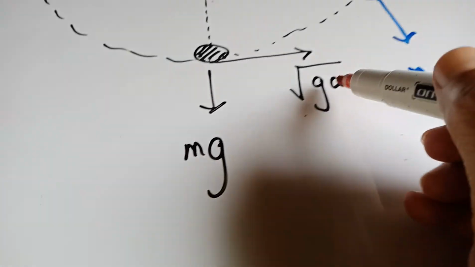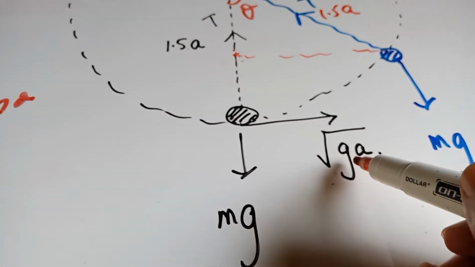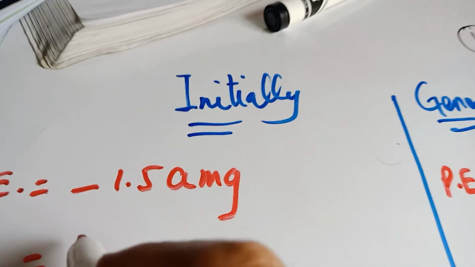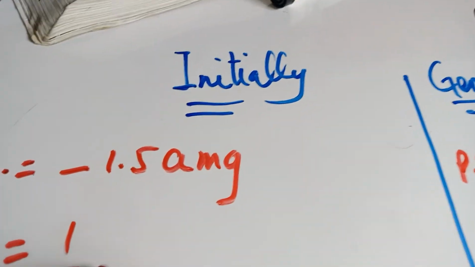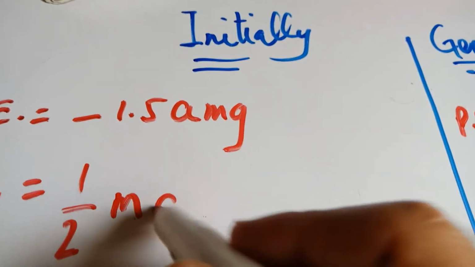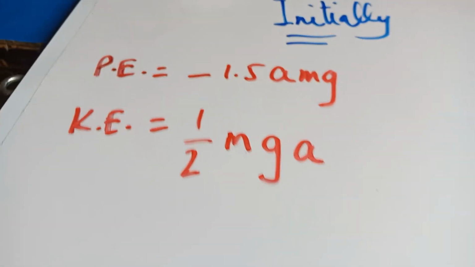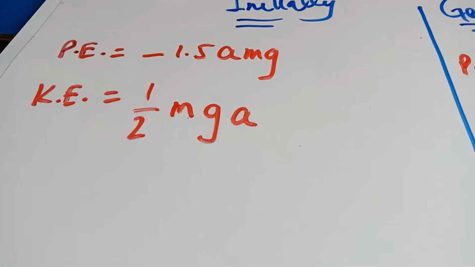Now let's see what the kinetic energy is initially. We have this initial speed given as the square root of ga. So this is going to be half m, and then the square of this will give you ga. So this is the initial kinetic energy that we have.